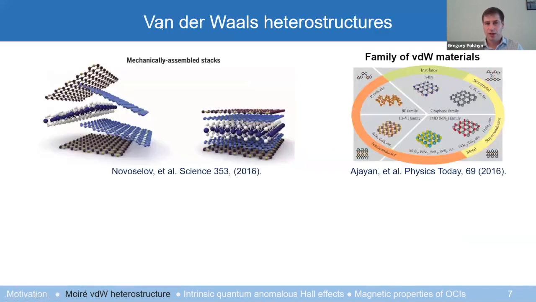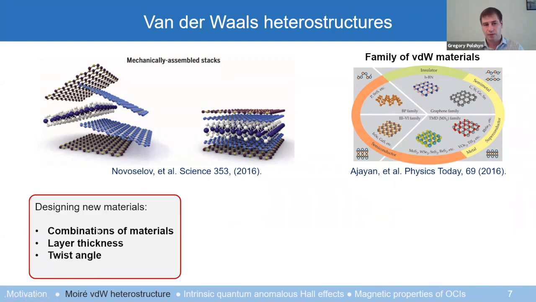Since the discovery of graphene, the family of van der Waals heterostructures has grown considerably. Now it includes materials from all basic classes. And quite remarkably, by mechanically stacking atomically thin layers of these materials on top of each other, we can produce two-dimensional structures which have atomically sharp and clean interfaces.